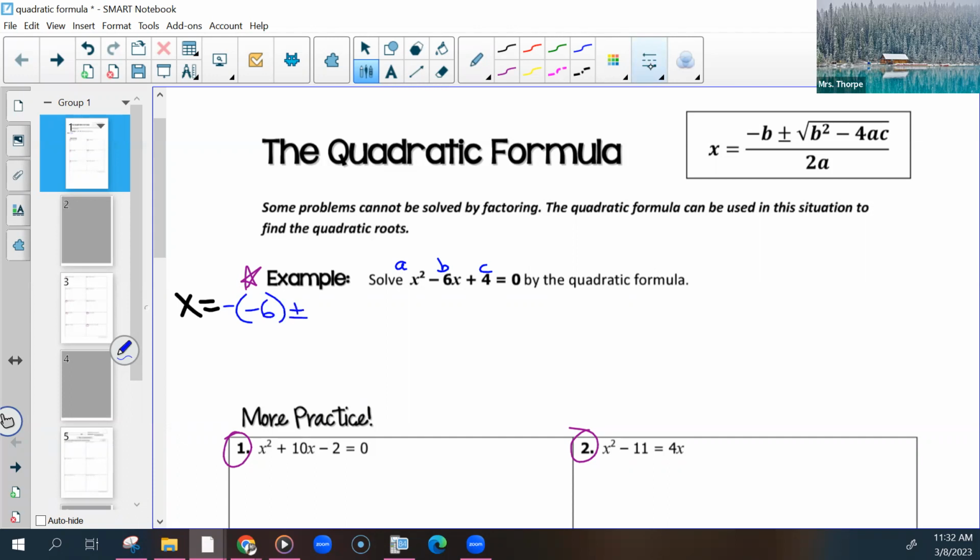Plus or minus the square root of b squared, so the 6, minus 4, it's always going to be minus 4 no matter what, times your a value, which is 1, times your c value, which is 4. All over 2 times your a value, which is 1.